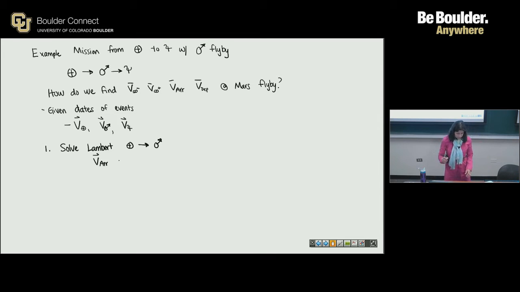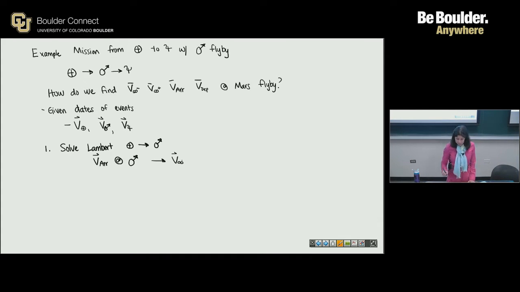All right? So from v arrival at Mars, then we can get our incoming v infinity, because we've got our velocity at Mars, and we've got the velocity of Mars itself.